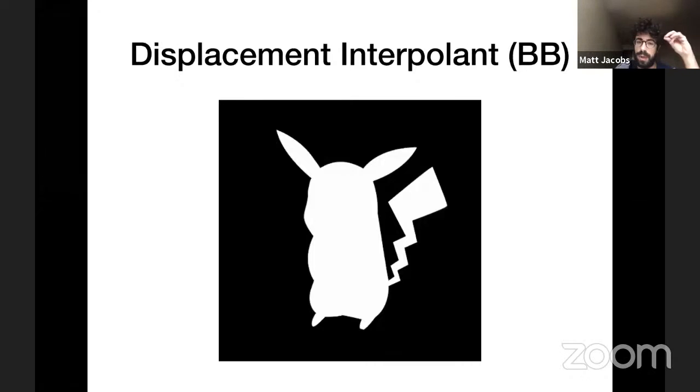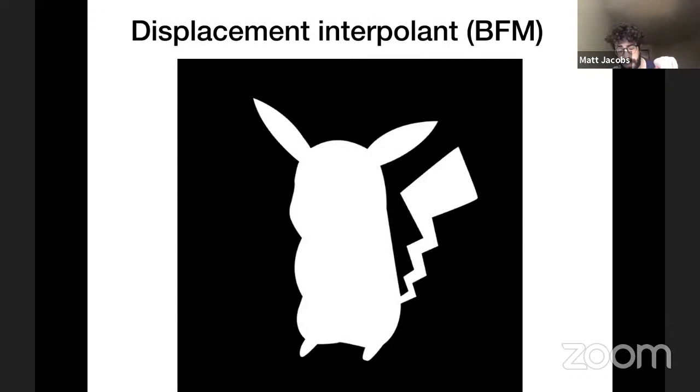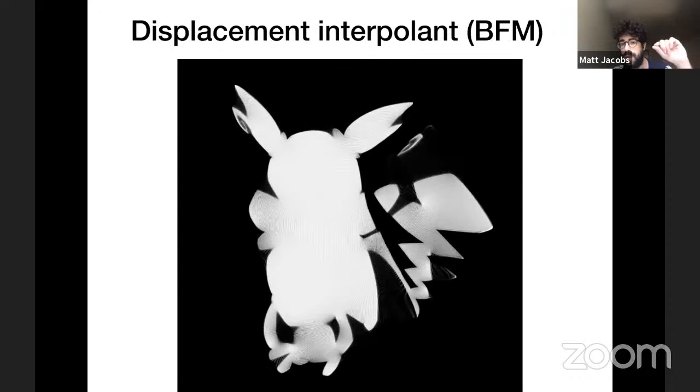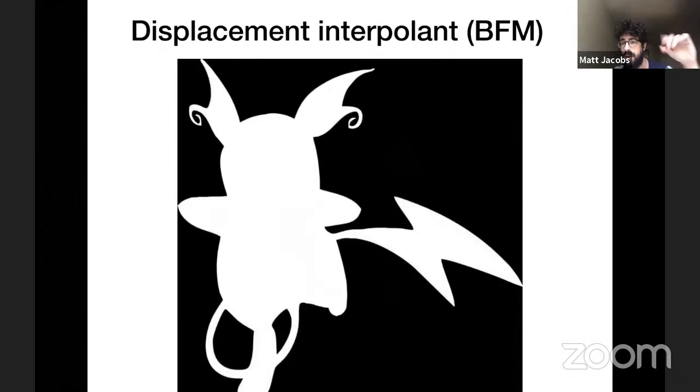We solved it using basically the fastest way that we know how to solve Benamou-Brenier, and it took about 5 minutes to reach this level of accuracy. In this example, we were using a 1024 by 1024 pixel image, and we could compute this interpolant in 20 seconds. So in terms of computation time and the size of the problems that are actually tractable, you can do it much, much faster using the back and forth method.